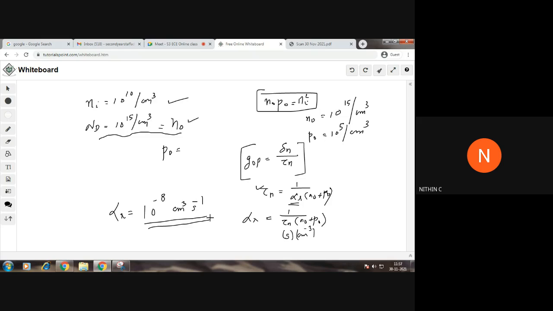If it is donor, you take it as N0 and find P0 by using mass action law. And in the next step, you need to find the unknown value. Here in this case, the unknown value is alpha r. You can easily find that with the help of the expression, alpha r is equal to 1 by tau n into N0 plus P0. You got the value as 10 raised to minus 8 centimeter cube, second raised to minus 1.